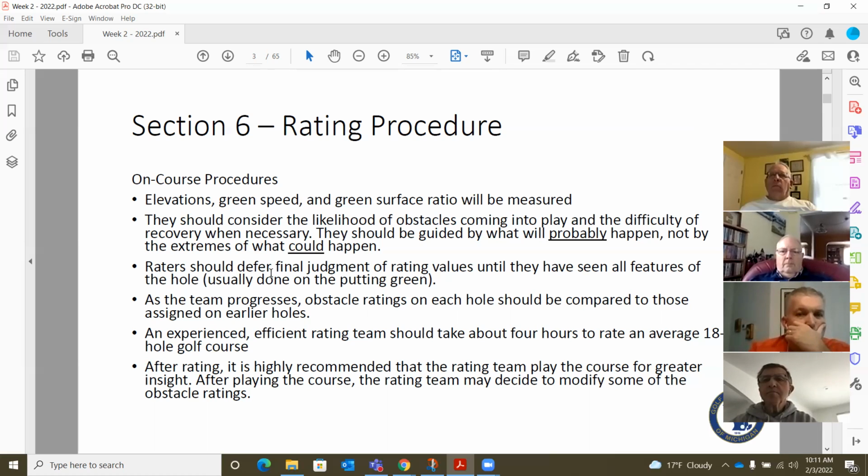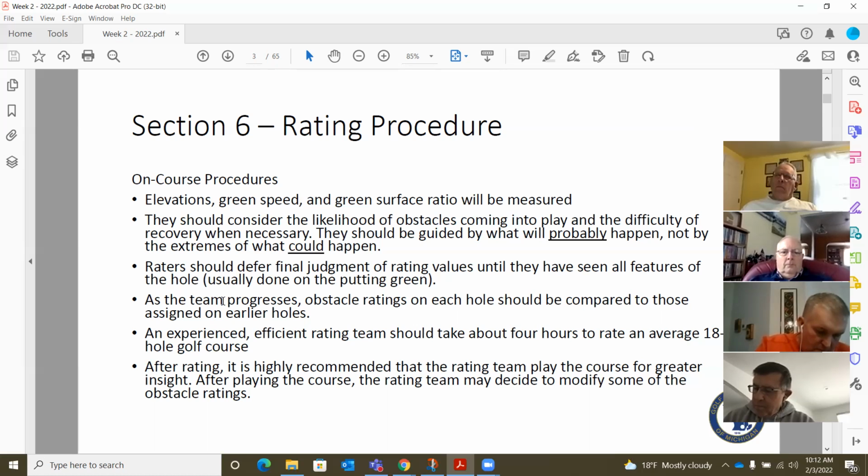When we are putting values on the form 1, we should wait until we've seen all the features on the hole. So typically you won't write your final rating values down until you're on the putting green, once you've been able to see and view the entire hole. And then as we move forward throughout our rating process, we want to compare to what we've seen on earlier holes, right?